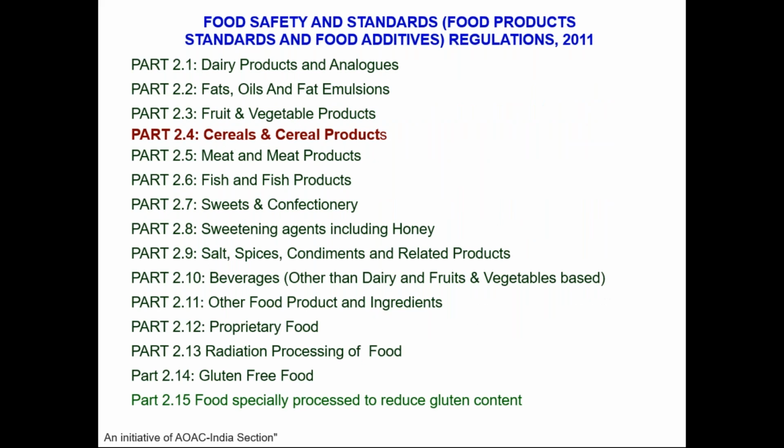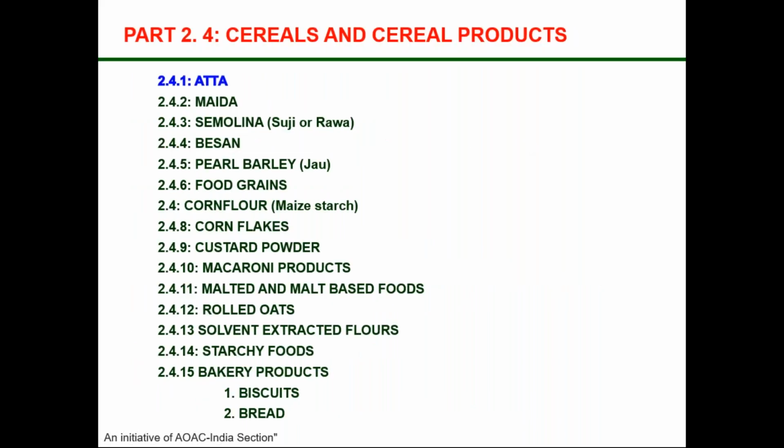So now let us look at these standards, some examples, and see what the quality and safety standards mean. If you look at part 2.4, this includes cereals and cereal products. Under 2.4, you have 2.4.1, which includes atta, and then you have all the other components which comprise cereals and cereal products, including besan, food grains, corn flour, and macaroni products, because macaroni is a cereal product.